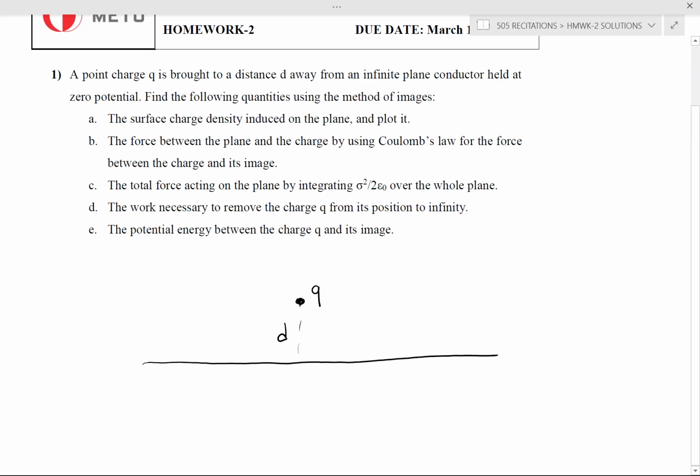Okay, and we make sure that this infinite plane is kept at ground potential, right? Under these circumstances, we expect to see some charge distribution, some induced charge along the surface of that infinite plane.